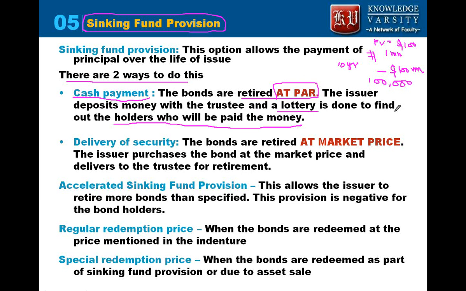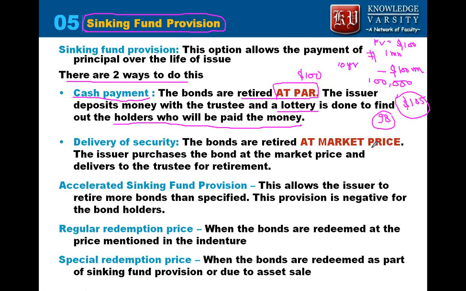So if the market price of the bond is $105, an issuer will go for this method because he will pay only $100 at par. He will not go by this method when the market price is 98.